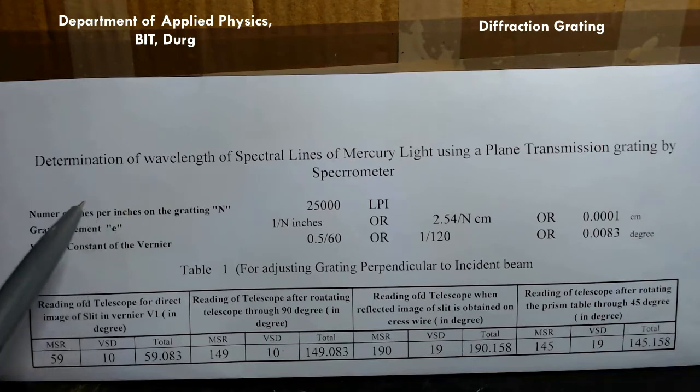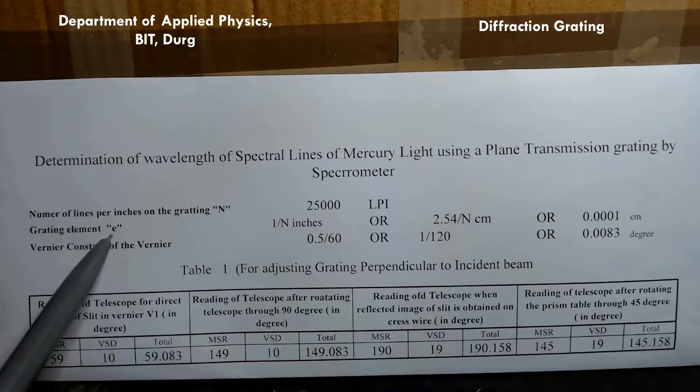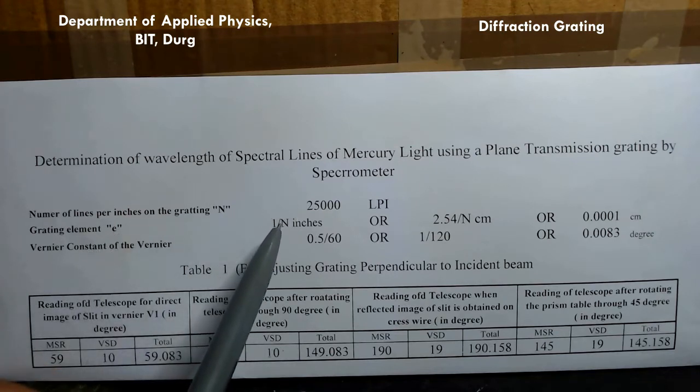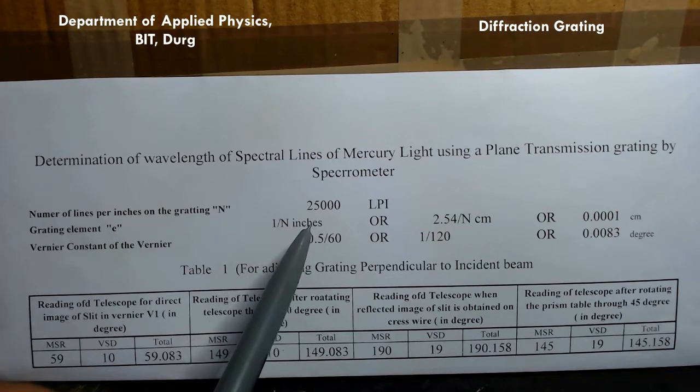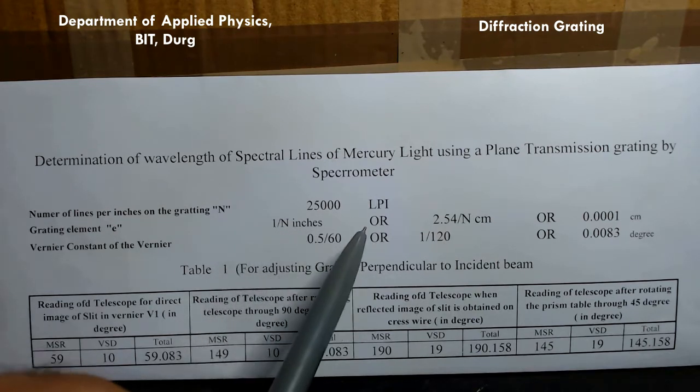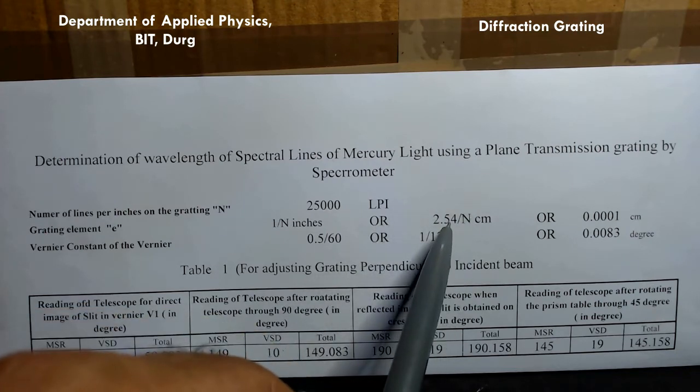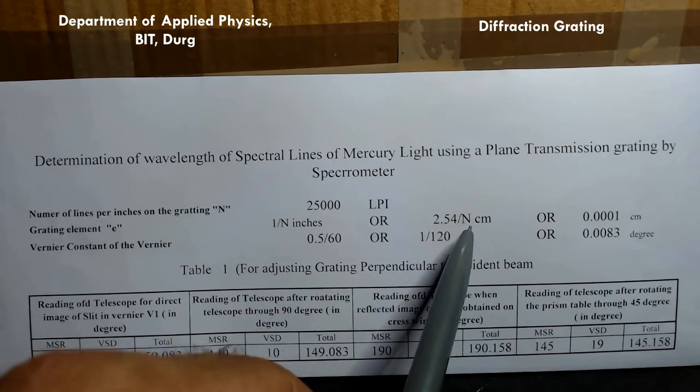Depending on this, we can get the value of the grating element, which is denoted as e, which is equal to 1 divided by N, where N is the lines per inch, in inches. It is the grating element, 1 by N inches. If I convert inch into centimeter, it becomes 2.54 divided by the number of lines per inch, in centimeter.